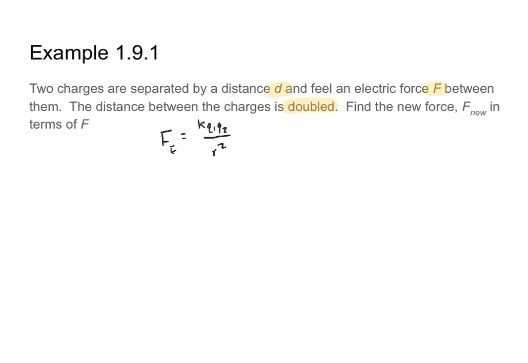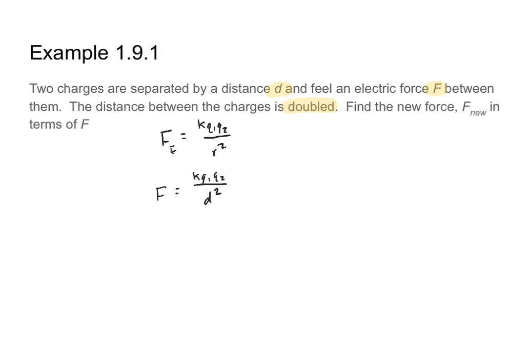So for my very first situation, my equation is going to be F is equal to kQ1Q2 over the distance between our two charges squared. And that is going to be for our first situation, when our charges are separated by a distance d.